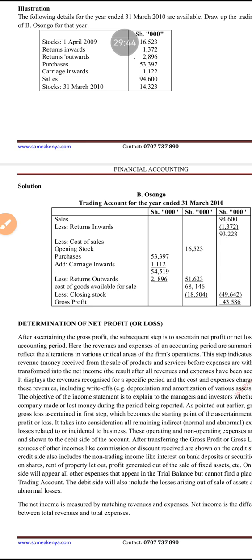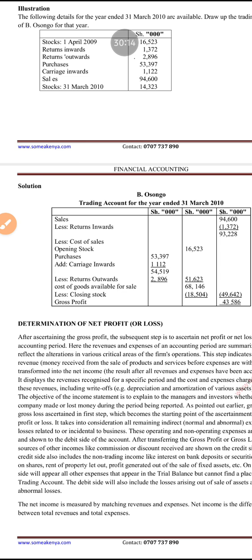So 94,600 minus 1,372, you get the net sales of 93,228. Then we determine the cost of sales, starting from the opening stock. Remember, on the trial balance, we have the opening stock. Stock as at 1st April 2009 is 16,523. So that is what we are taking as opening stock.